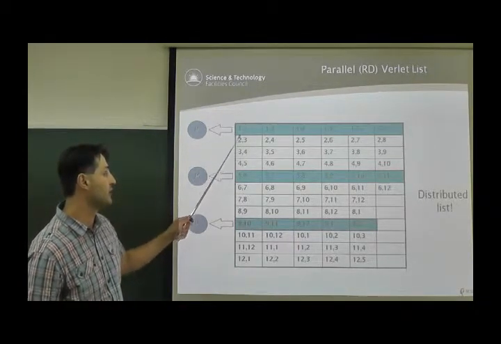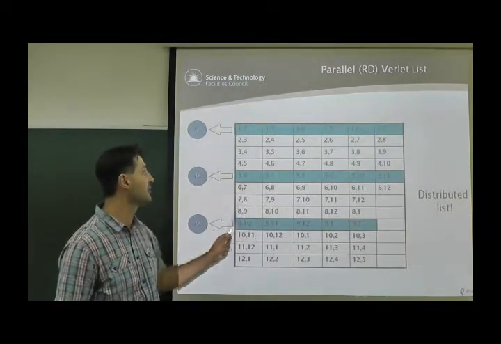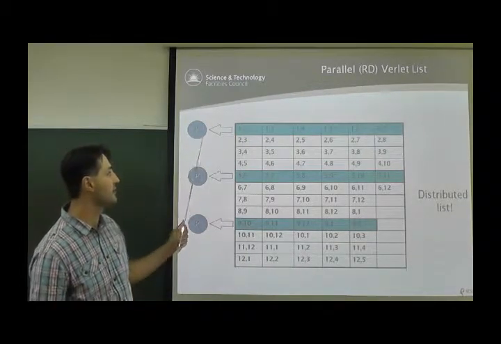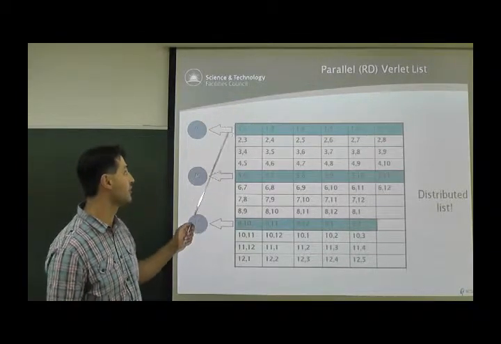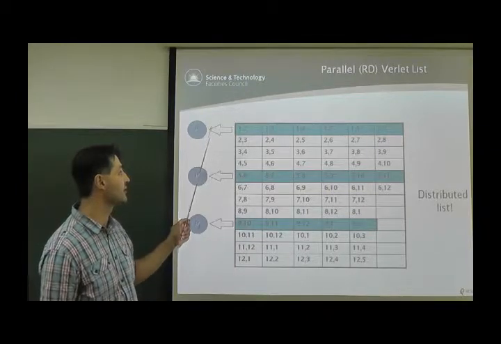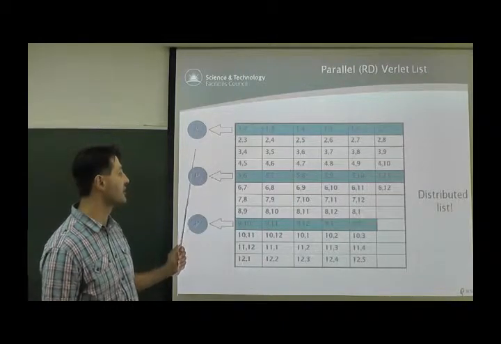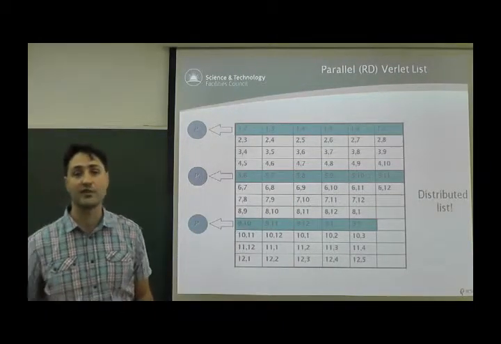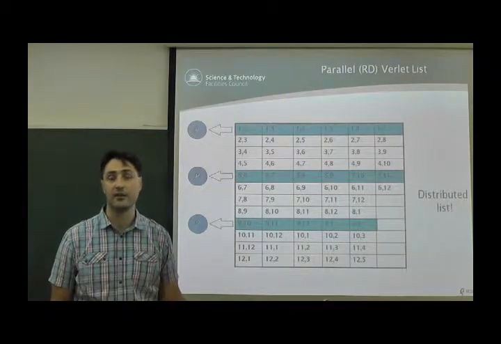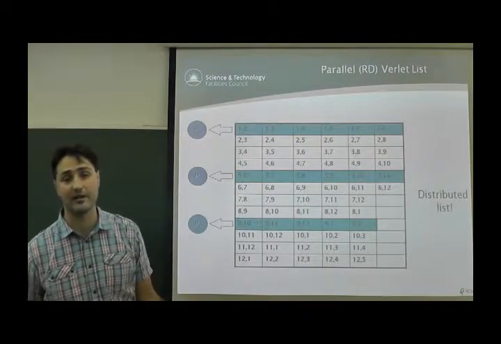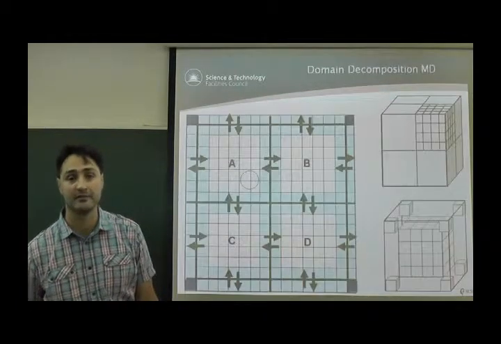If we enumerate all possible interactions and go this way and then fill the next row and so on and so forth, we can then divide this table in a manner that every fourth row goes to processor 0, so starting from 1 going on processor 0, then row 5 goes on processor 0 again, row 2 goes on processor 1, and so on. In this manner, all processors will have nearly the same amount of work. And this list can be distributed, and the calculation of forces due to pair interactions can be efficiently load balanced.